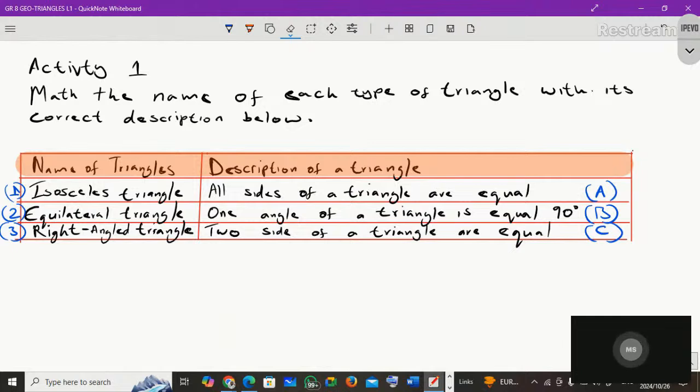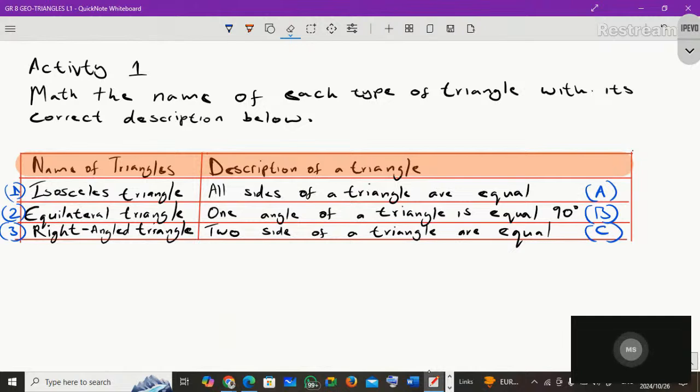An equilateral triangle. Okay, so now in grade 8, we want to start by fixing those things, such that you don't guess that this is a certain triangle and this is a certain triangle, but you need to have assurance that this triangle is an isosceles triangle, and this triangle is an equilateral triangle, and this triangle is a right-angled triangle. And in order for you to be able to distinguish between these triangles, you need to know the properties.